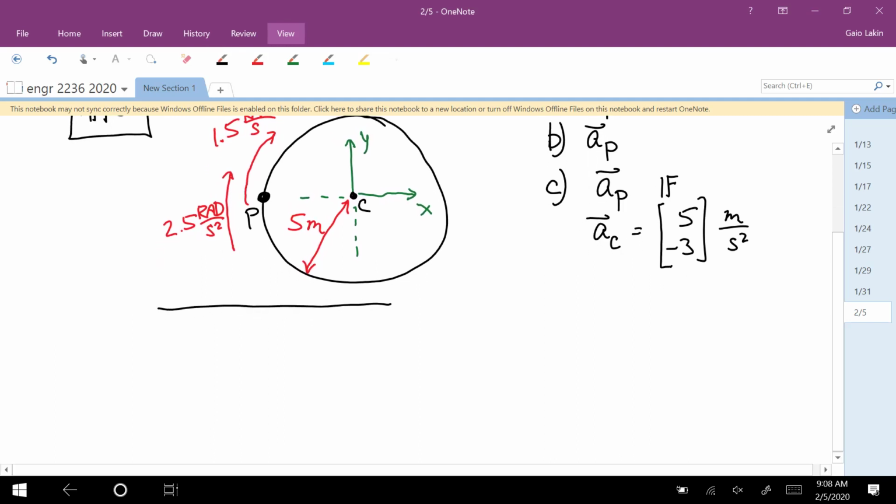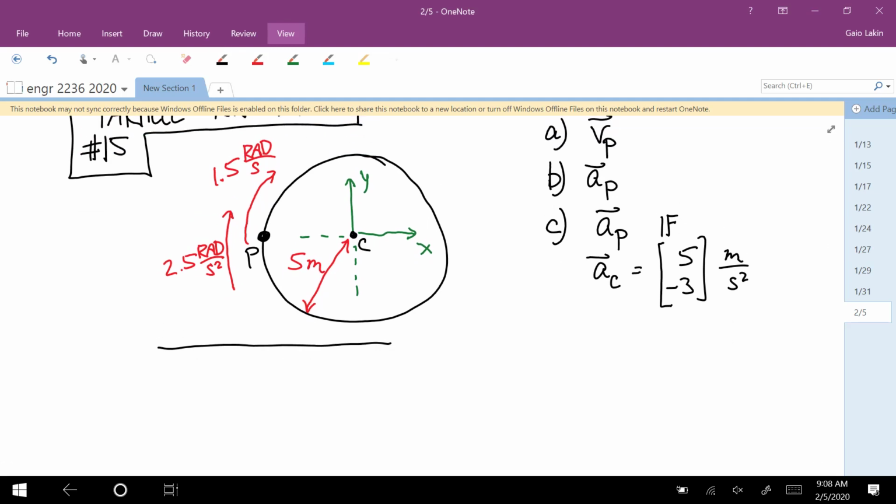All right, well, let's figure out first the angular velocity and angular acceleration of the body, and then let's figure out the r vector for that point P. We're going to need that for all of these.